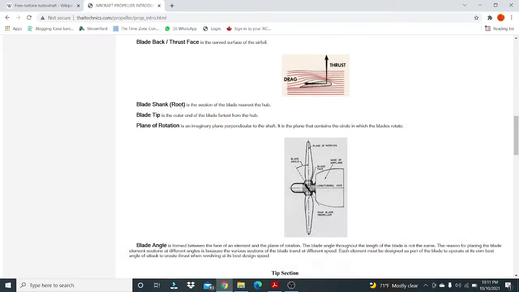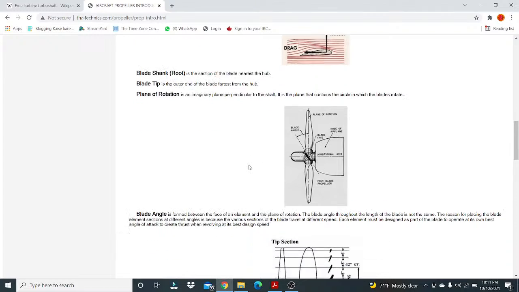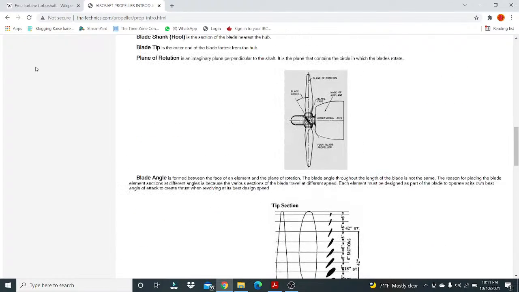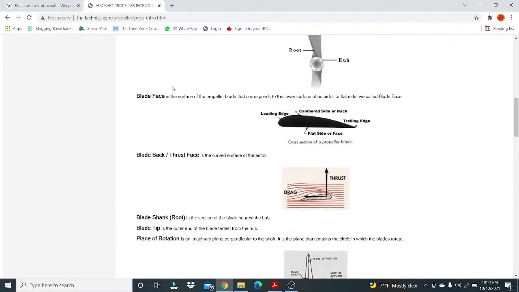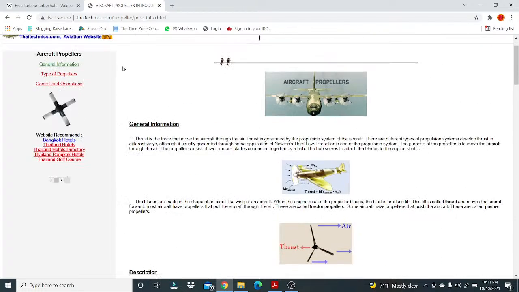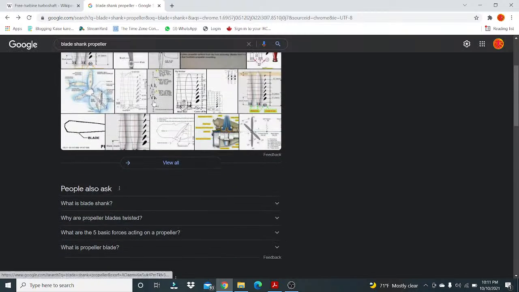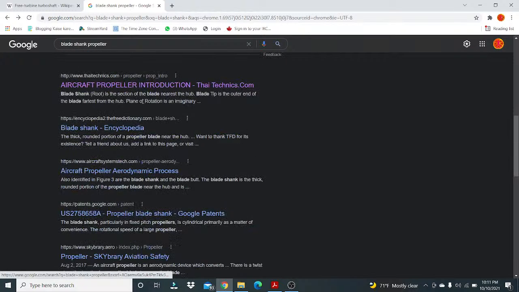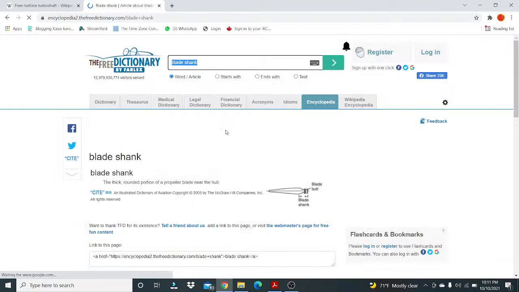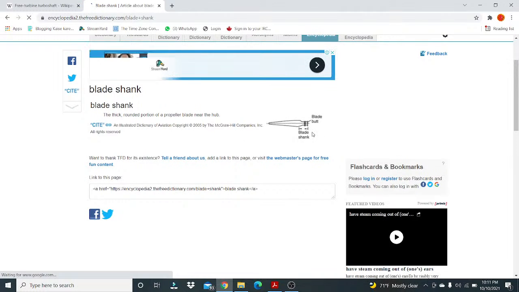Okay, so this area nearest to the hub is the blade shank. Alright, this is ThaiTechniques.com. It's a very good site. So this is the blade shank.